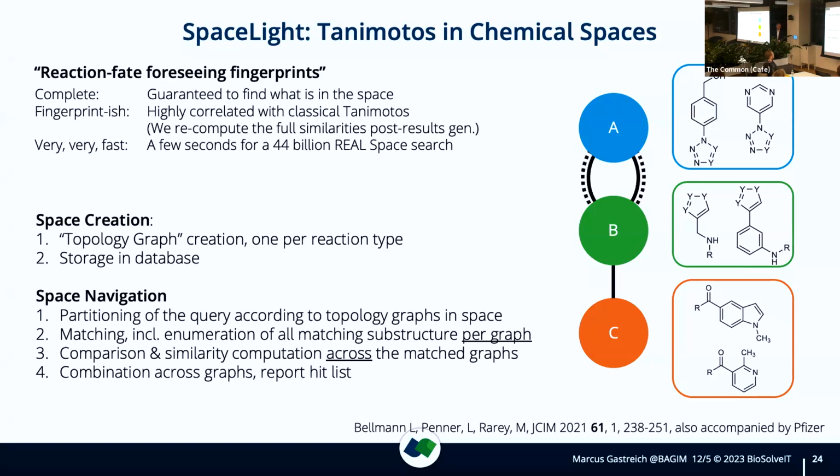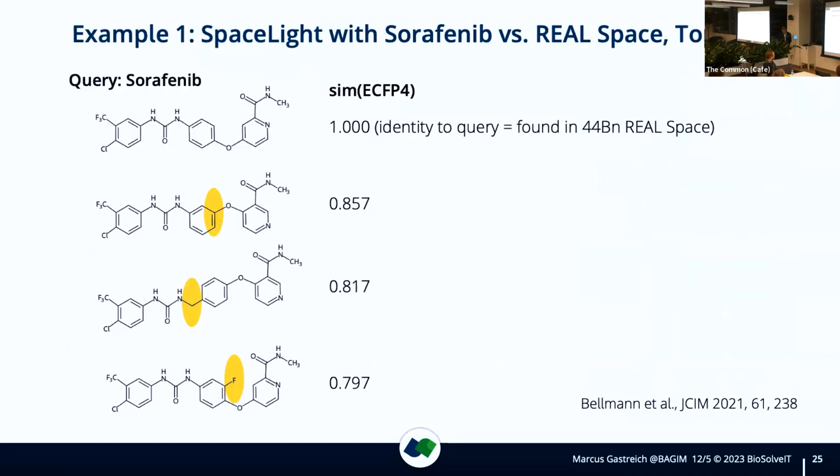Then when we navigate the space, we have to partition, to cut into pieces, the query molecules according to every compatible reaction. This will be stored, and then we will match. We will sub-enumerate the respective matches using the topology graphs. And then we have to compare them across all these reaction graphs, and then we can spit out the results and get the hit lists.